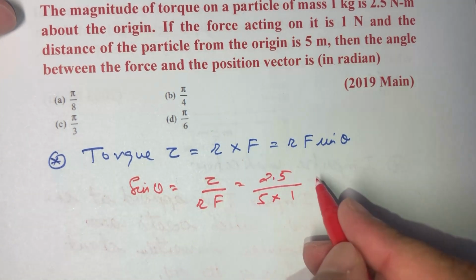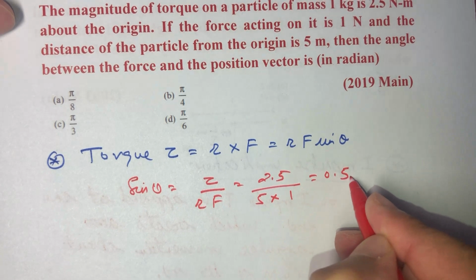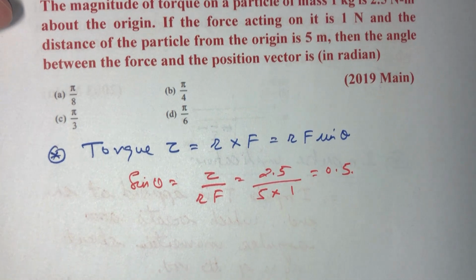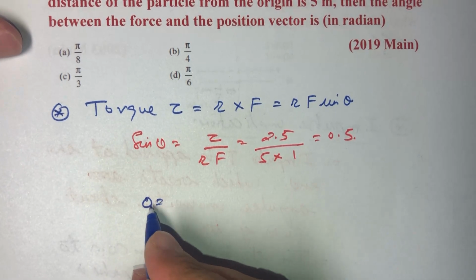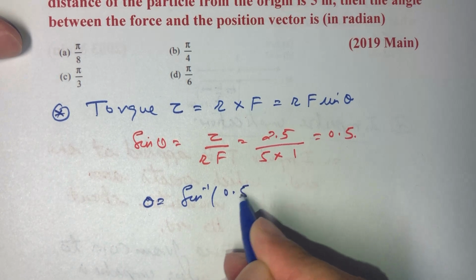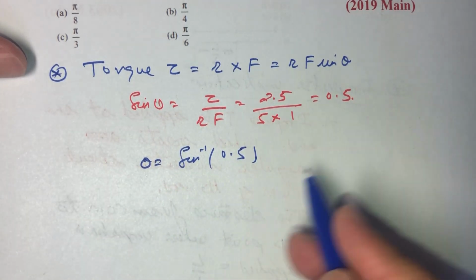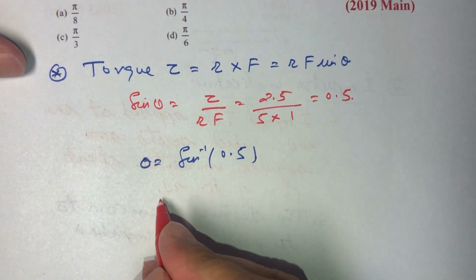This comes as 0.5. Therefore theta we are supposed to find in radians. So theta will be equal to sine inverse of 0.5, or we can say that theta will be equal to pi by 6 radians.